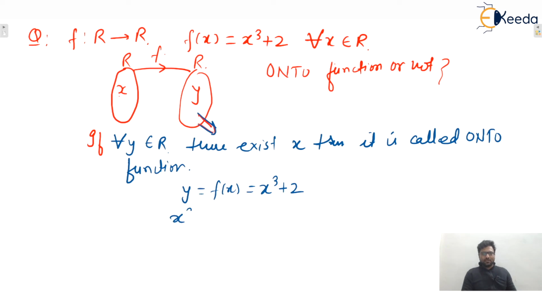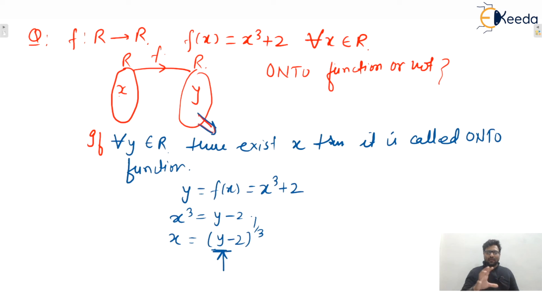So x cube equals y minus 2, so x equals y minus 2 raised to power 1 by 3. So for every real value y, there exists one real x. So every element inside set B has a pre-image in set A. So guaranteed, here range is equal to codomain.